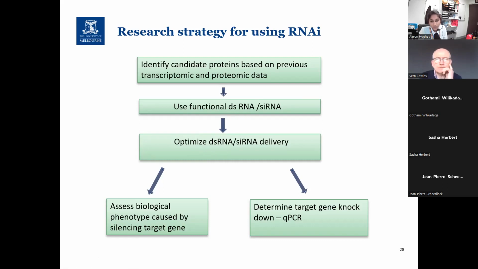Here I'm going to use the embryo microinjection method because the other methods seem not effective. And then I can assess the knockdown effect just by looking at the biological phenotype, or I can use qPCR to monitor the effectiveness of the target gene knockdown.